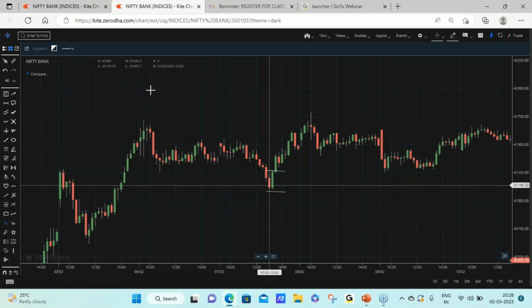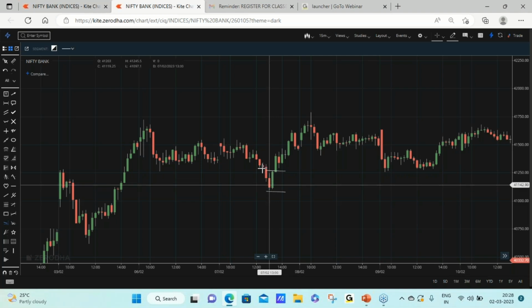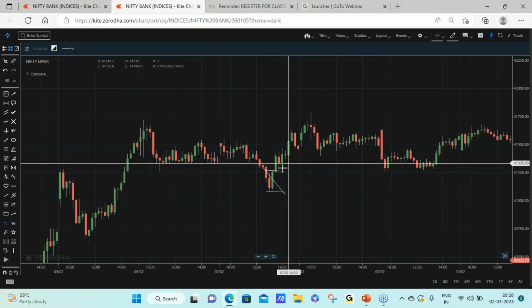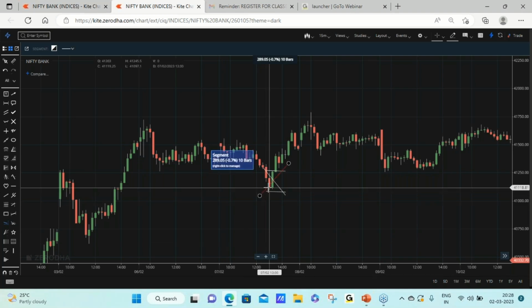So what is the low of this candle? You can see open high low here. What is the low of this candle? 41,097. What is the low of this candle? 41,104, right? So this low is above the red candle low, hence this is not a correct example for bullish engulfing. Yes or no? Because the red candle low is lower than the low of the green candle.